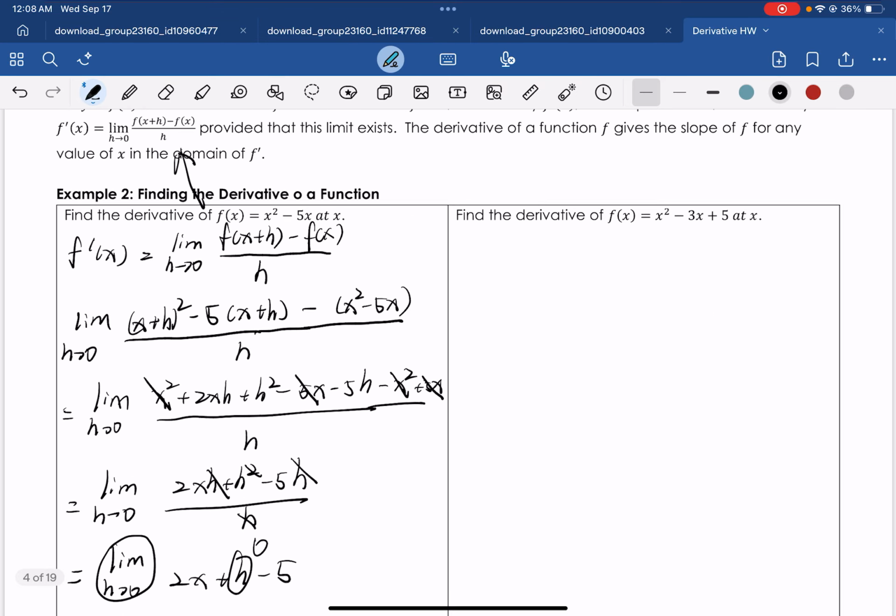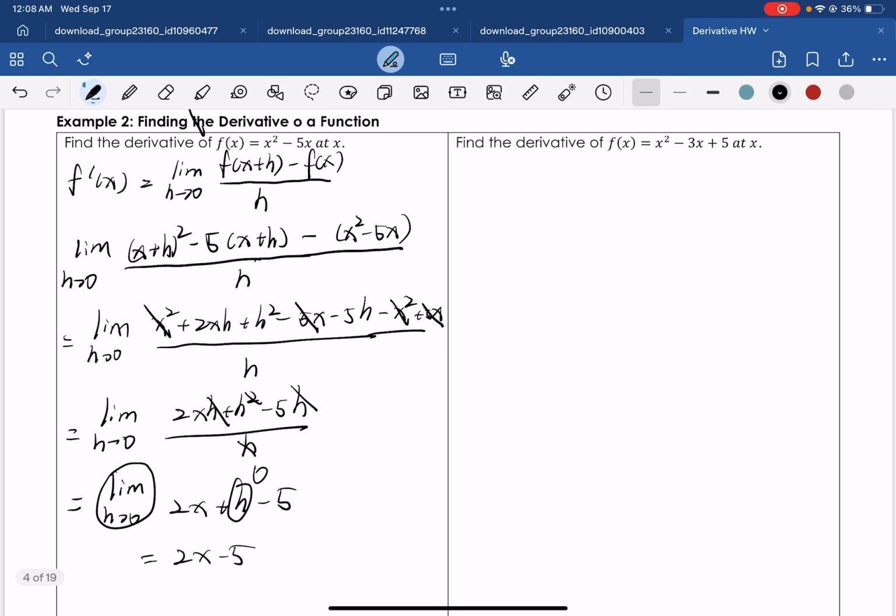Alright, the next one. Find the derivative of f of x equals x squared minus 3x plus 5 at x. We do the same as for the first one. We use f prime of x equals the limit as h approaches 0 of f of x plus h minus f of x over h.